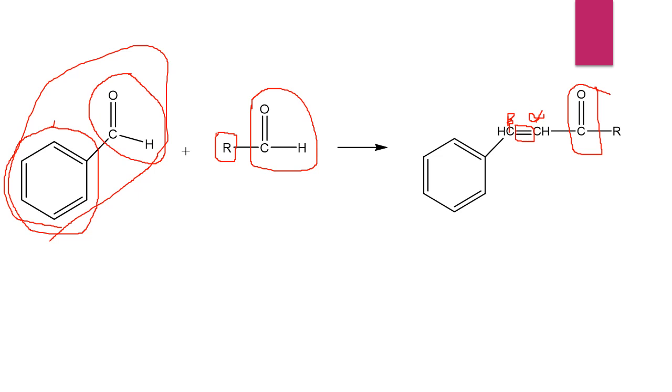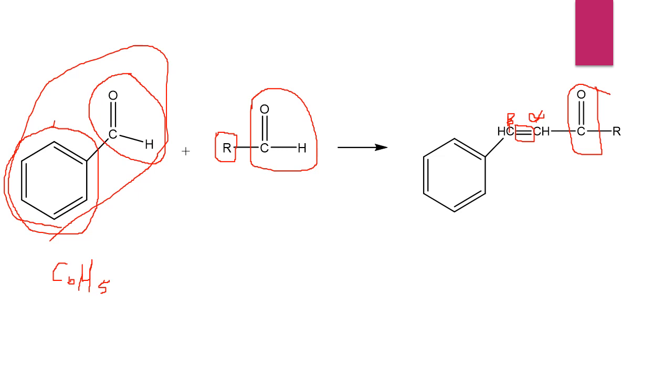So let's start the mechanism, to explain how this product is possibly formed. First of all, we can also write the benzene in this form: C6H5, and that is phenyl.